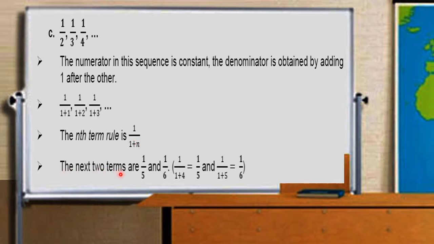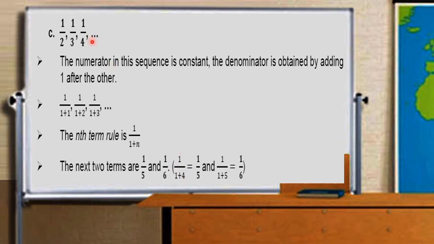So, the next two terms are 1/5 and 1/6. Paano silang naging 1/5 and 1/6? So, natapos tayo kay 1/4. Kunin ngayon natin yung pang fourth term. So, fourth term, fourth means 4. So, 1 over 1 plus 4 equals 1/5.